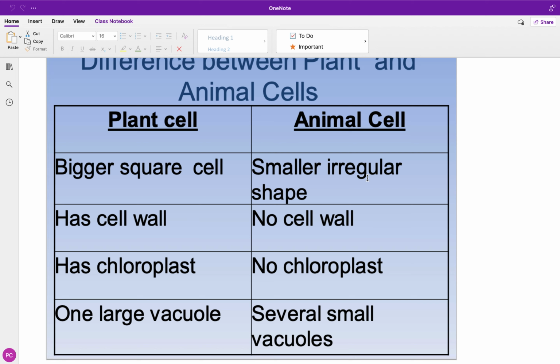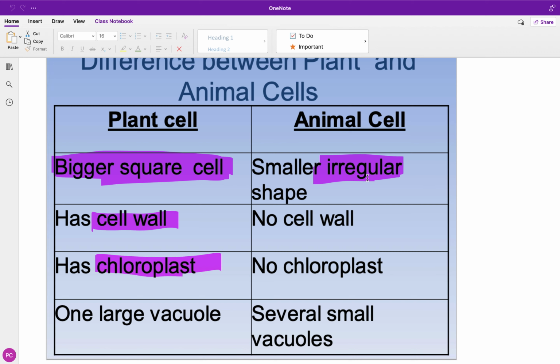So you saw that when you looked at the diagram, really. The animal cell was kind of a fried eggy, irregular, weird looking shape, whereas your plant cell was like a block in a wall, or a square, or a rectangle. The plant cell has a cell wall, it has chloroplasts, and it has a vacuole. So they were the three extra labels that the animal cell didn't have: number 1, number 2, number 3.